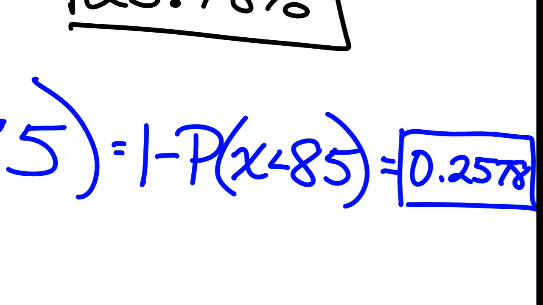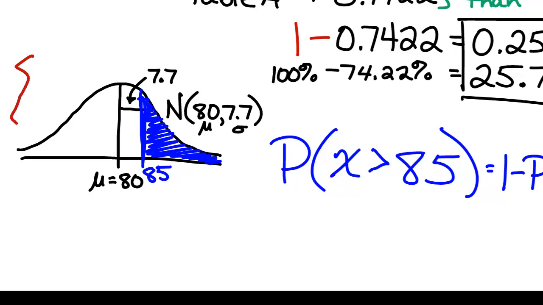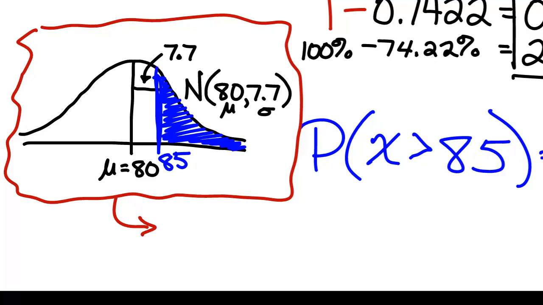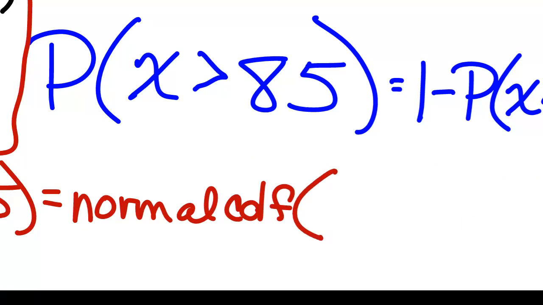Okay, so here's what you need to have. So here's what I would do if I was answering this question on the AP exam. Here's what my work would look like. I'd make sure to have my picture. Then I would have the probability that x is greater than 85. Then after that, I'm going to type what I'm doing in the calculator. I'm going to write that down. So I'd write normal CDF, parentheses, 85.